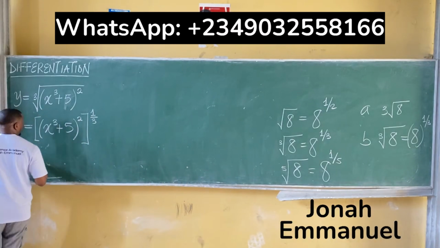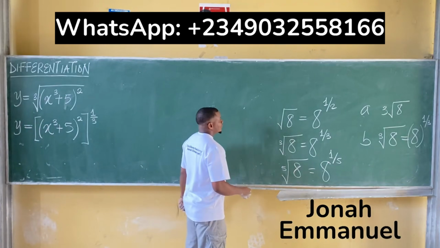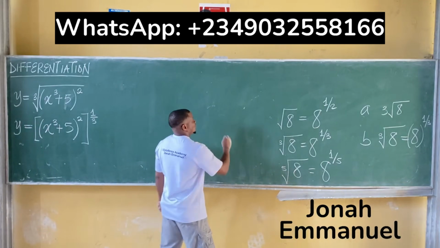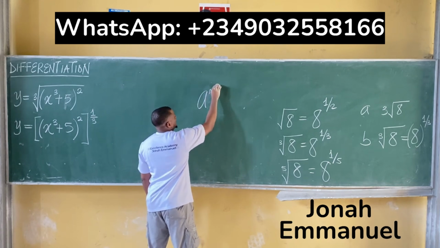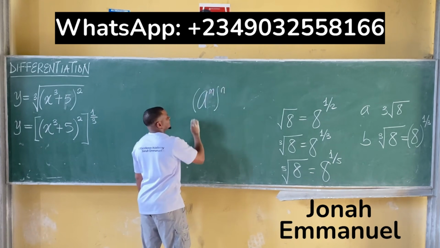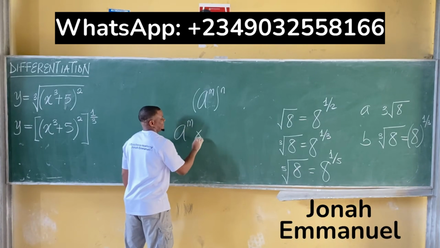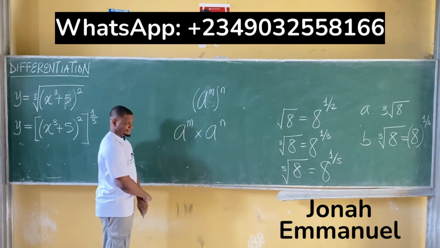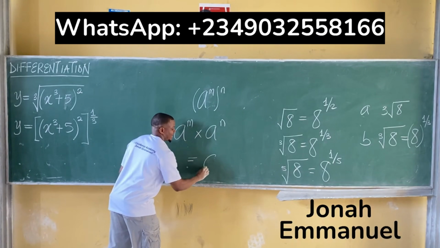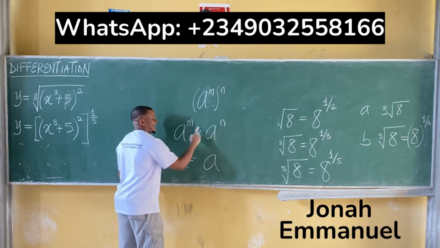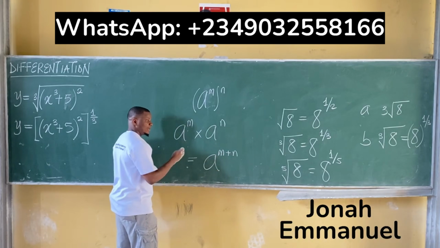At this juncture, of course, in indices, there's something called the power law, where you have a to the power m, all to the power n. This is different from a to the power m times a to the power n. Are we aware? This one, same base multiplying, we say add their powers: m plus n, not m times n.